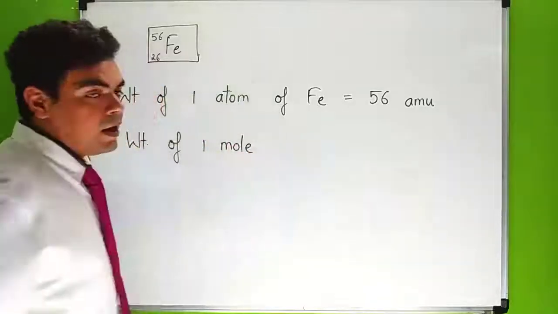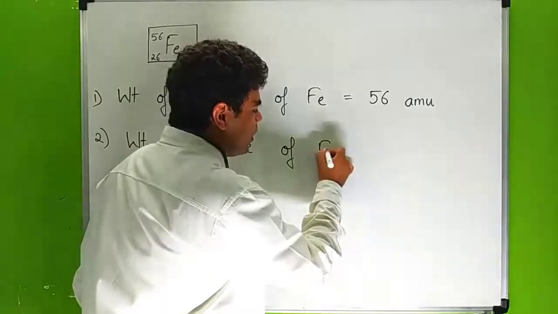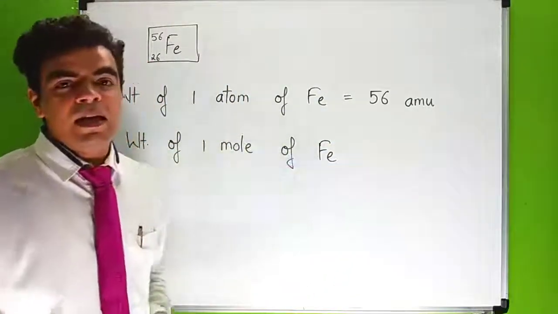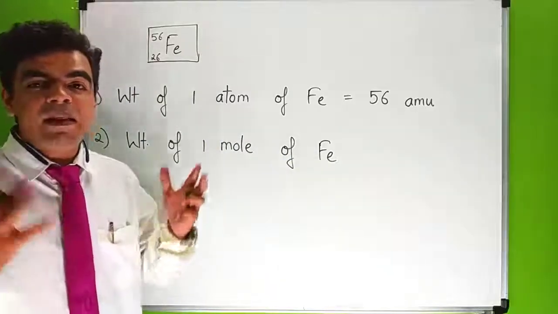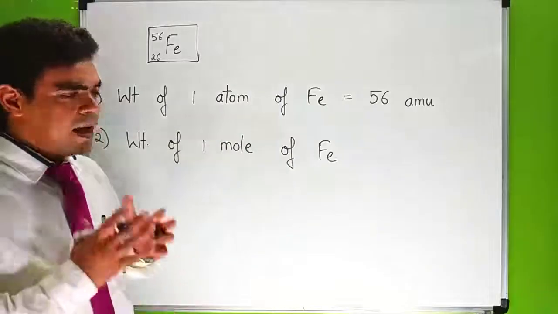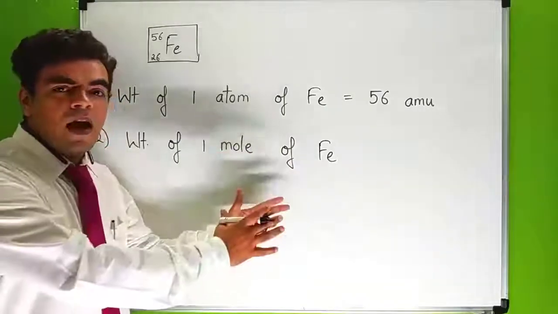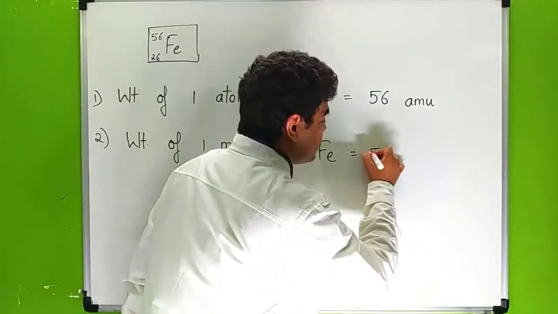Now what is the meaning of 1 mole of iron? 1 mole is basically 6.022 into 10 to the power 23 atoms of iron. That is a huge number of atoms. The weight of 1 mole of iron is therefore 56 grams.